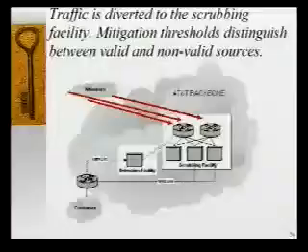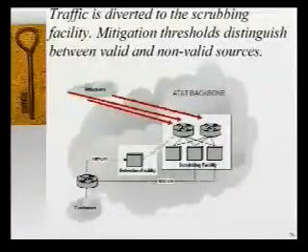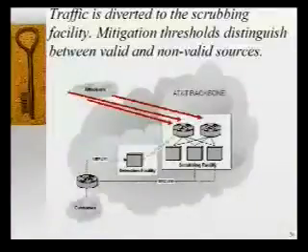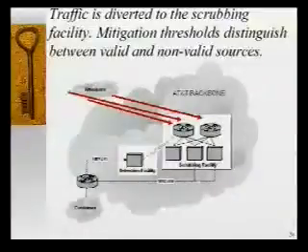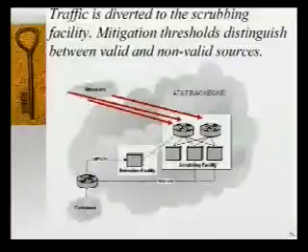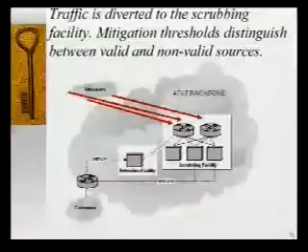The scrubbers have capabilities to go into the application layer. They can filter on pretty much any part of the packet that you want to, so you get greater filter capability. So after it goes into the scrubbing facility, then we push it out through MPLS or through GRE. Because if you're not encapsulating it, it's just going to go right back into the scrubbing facility, right?